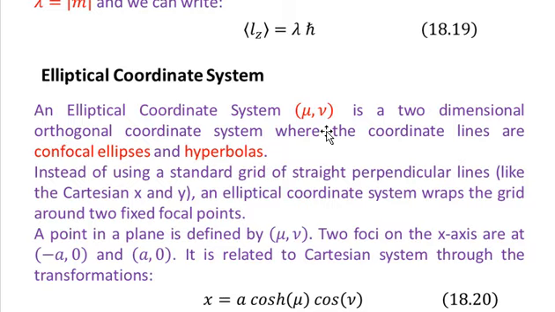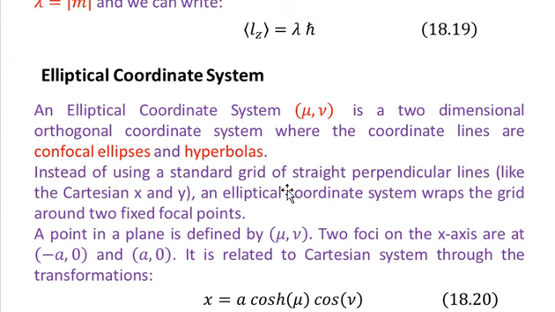An elliptical coordinate system, with two parameters mu and nu, is a two-dimensional orthogonal coordinate system where the coordinate lines are confocal ellipses and hyperbolas.